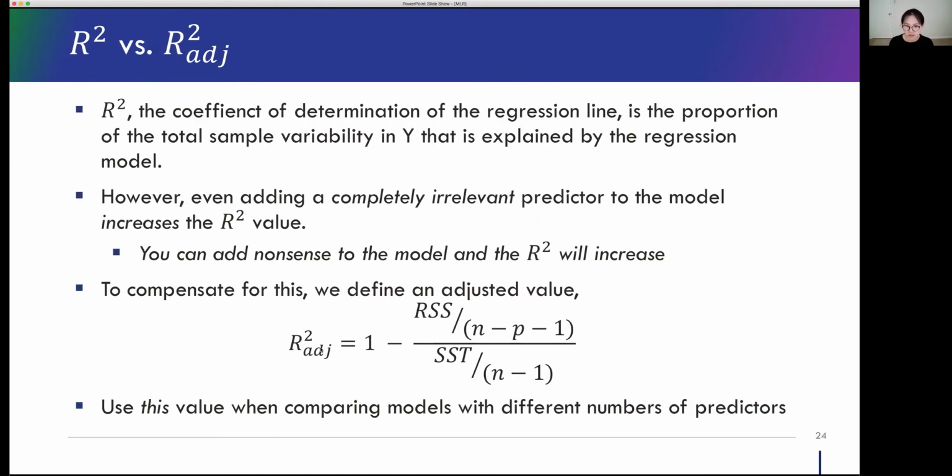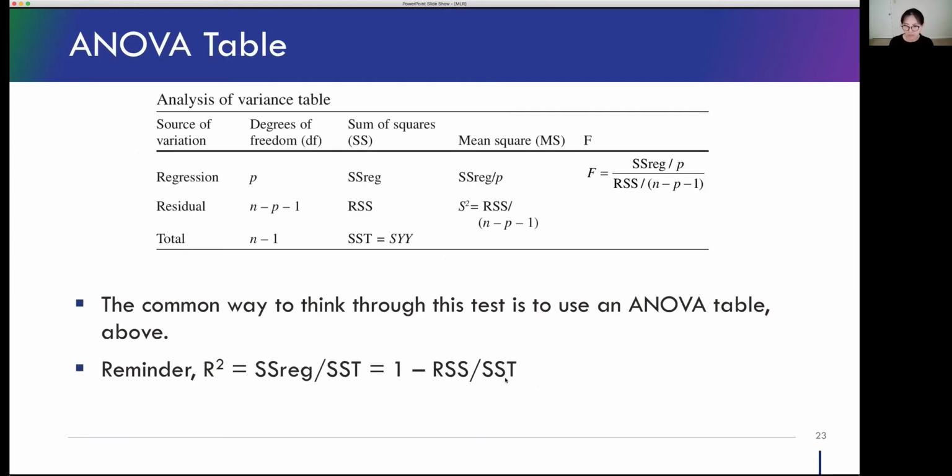But in the adjusted R squared, we have RSS divided by its degrees of freedom, and also the total sum of squares divided by its degrees of freedom, correspondingly.